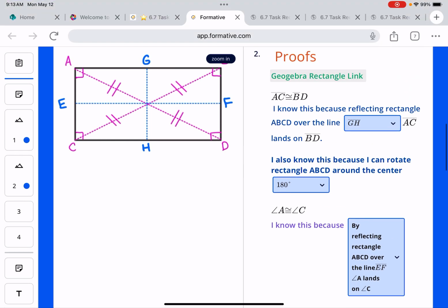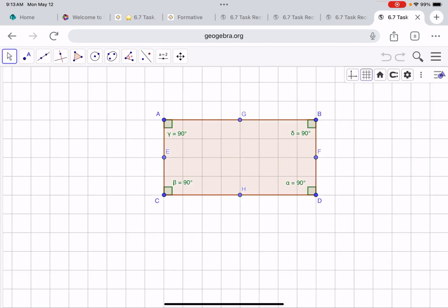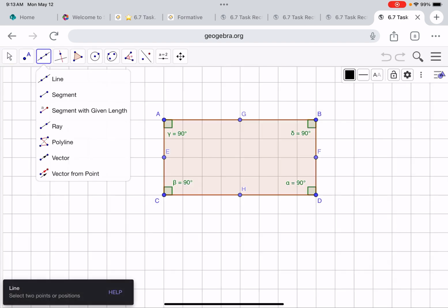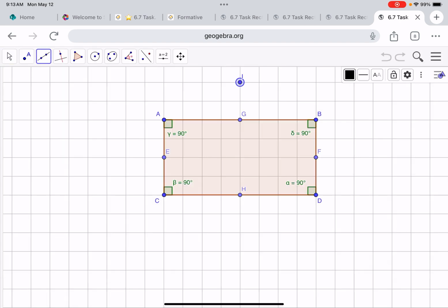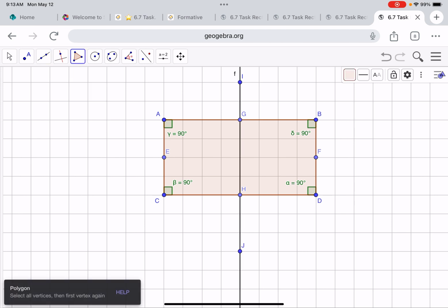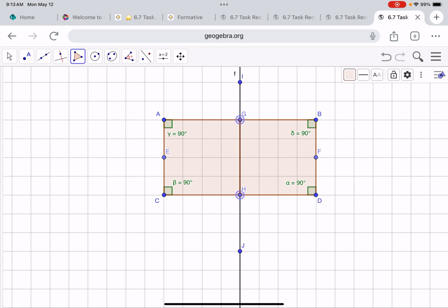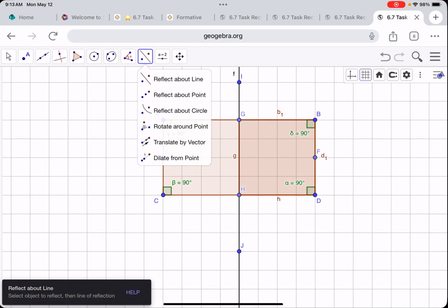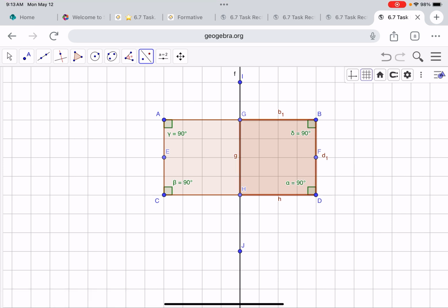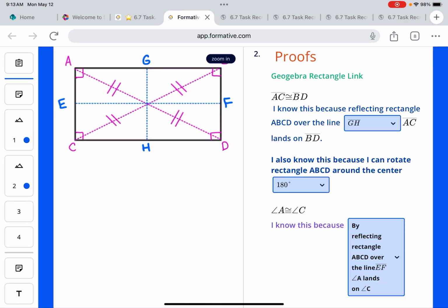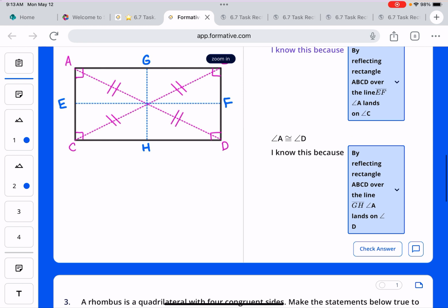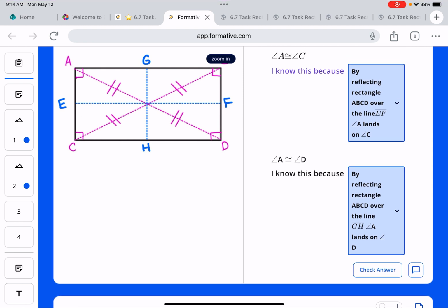If you need to see it one more time, back to GeoGebra, that was a line of reflection down the center, polygon, G, H, gonna click D, B, back to G, and then reflect about line, click the polygon, click the line, and it reflected over. So we have now proved that angle A is congruent to angle D.